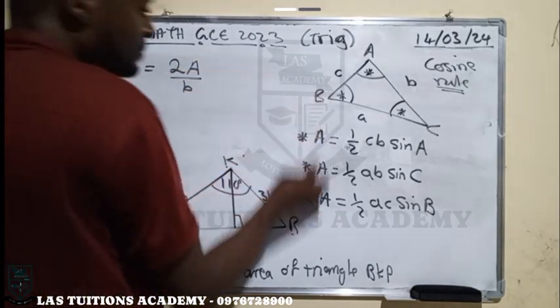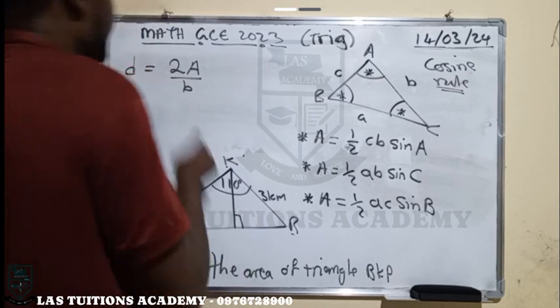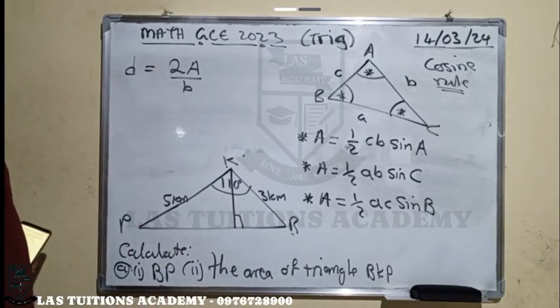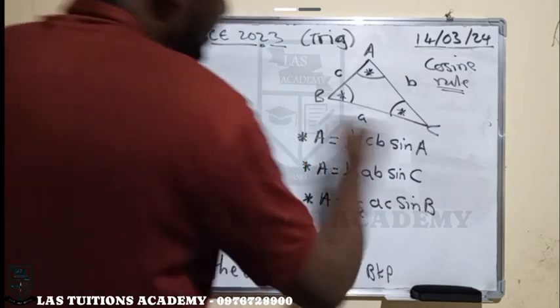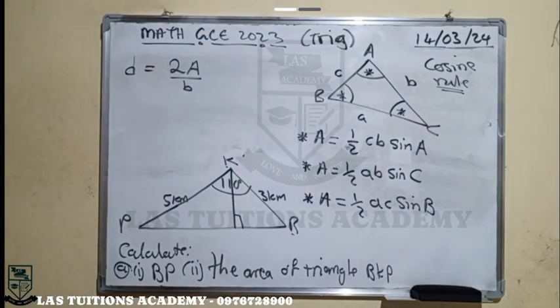So you find the area, then 2 times the area which you have found, divide by B. B is the longer side. The longer side is the one which is your base.